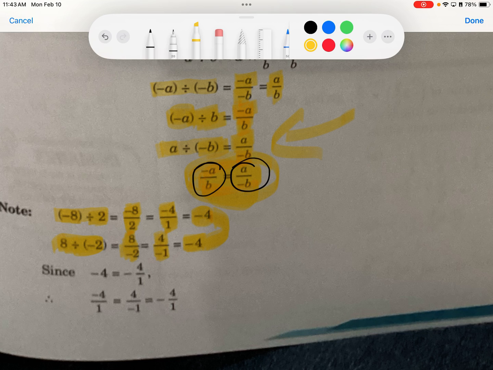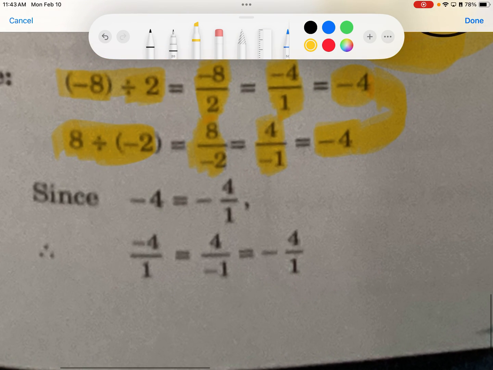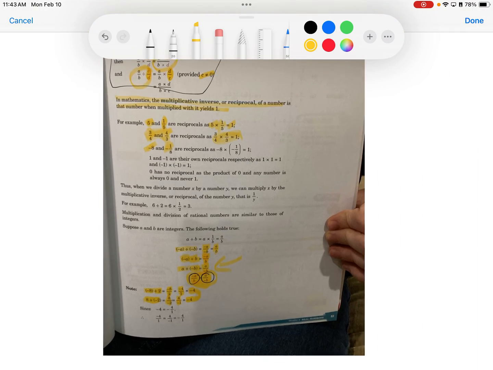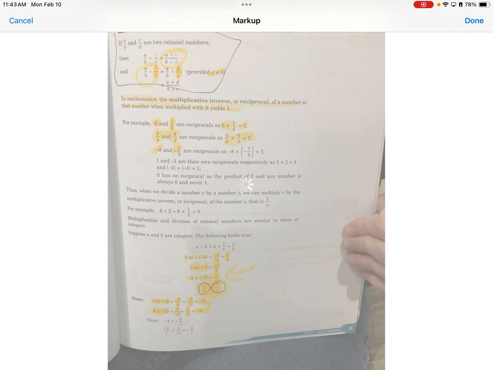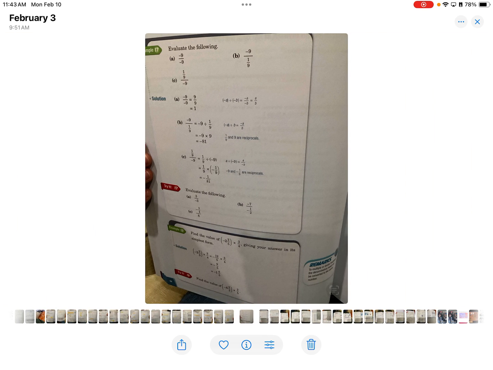So since -4 equals -4 over 1, -4 over 1 equals 4 over -1, which equals -4 over 1. It's so many words. And this is important later as we get more complicated with algebra, pre-algebra, all the funsies.